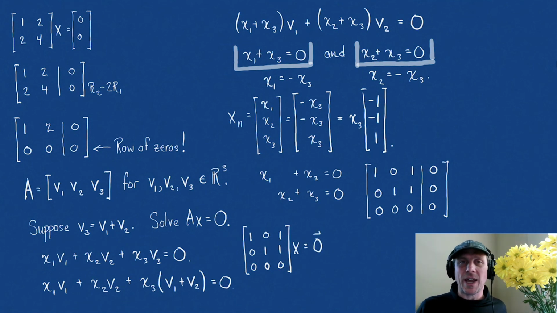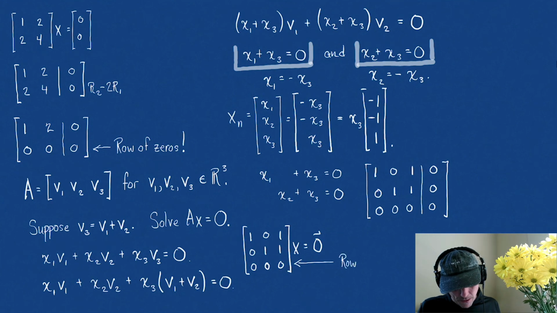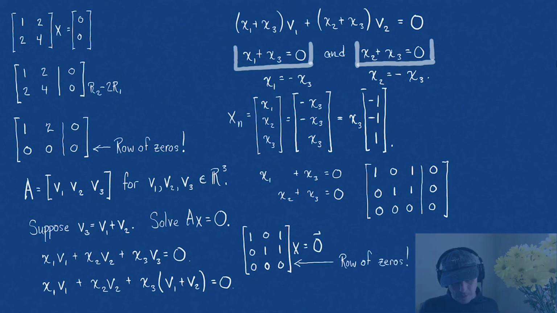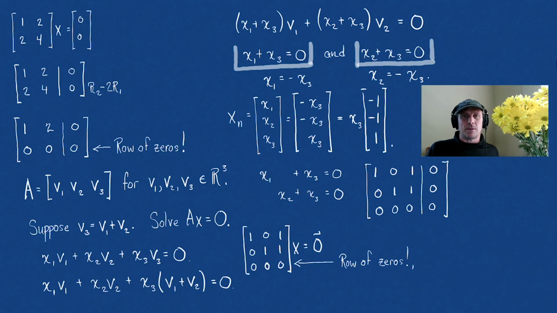But notice what we have again when we have dependent columns. When we row reduce from A down to U or R, what do we get? We have a row of zeros. I'm going to put a comma there; we'll call that stylistic English grammar. We have a row of zeros. I want everyone to be like, wow, what does that mean though?